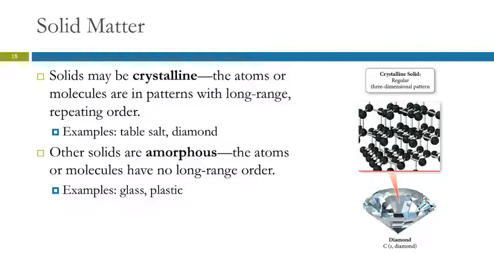And then along the edges, we have some amorphous students, right? Because they don't have chairs, and so they're just kind of randomly arranged around the back wall. Amorphous means without shape. So this would be something like glass, plastic, rubber. It's not obvious just looking at it, but the particles in it are not arranged in a regular repeating three-dimensional pattern.